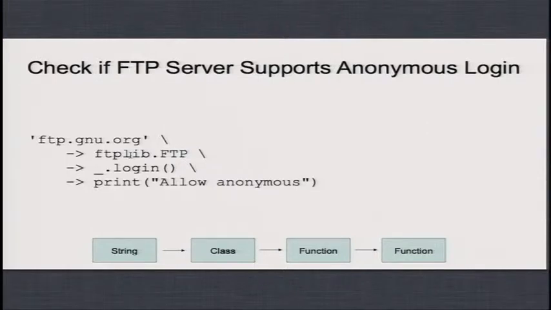And what I'm doing is passing the string ftp.gnu.org into the ftplib package, and then invoking the login method. The login method is a true or false function. If it returns true, it will go on to print that this FTP is allowing anonymous login. And if not, this text won't be printed.